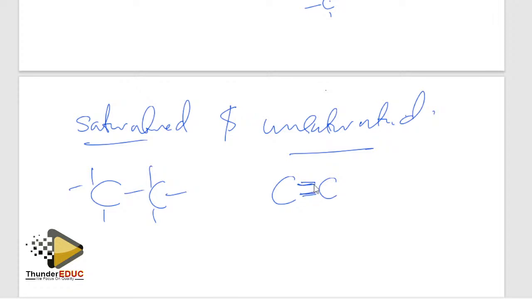Because if you have a ketone, but it is single bond throughout between carbon atoms, this compound is a saturated compound, even though it has a double bond somewhere. The double bond is not between carbon atoms. So unsaturated compounds have double or triple bond, and you have to say that it is between 2 carbon atoms.